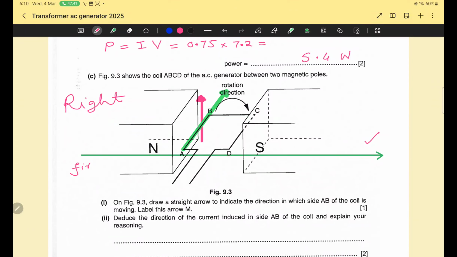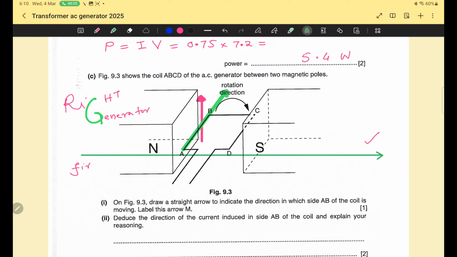Remember, when I am writing right hand rule, I am taking G as common. And it is a standard rule, sir.